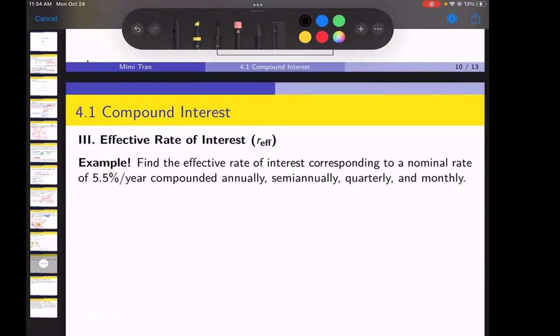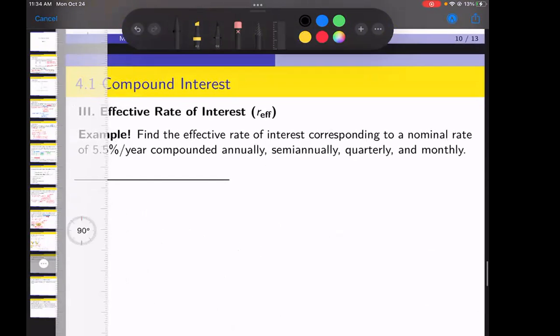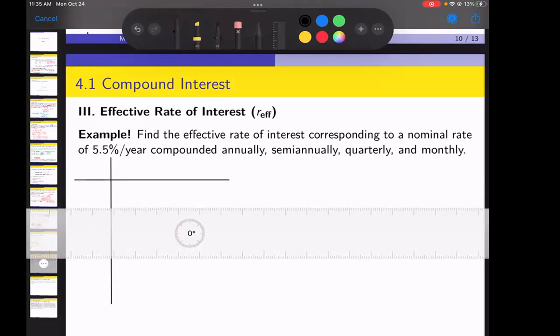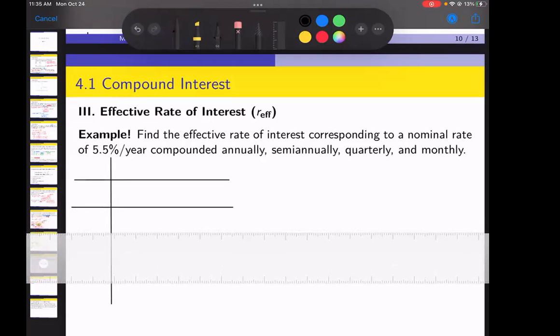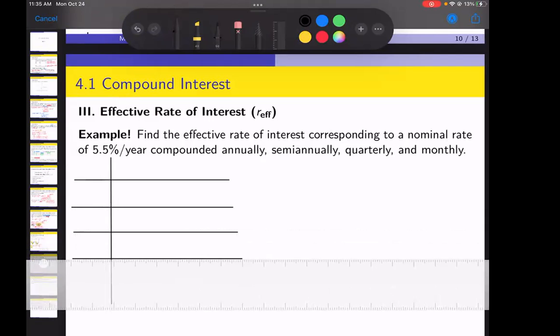We're gonna use the calculator, but before that, let me draw a little table so that we can fill it in. So I want what? I want annually. What else? Semi-annually, quarterly, and then last, monthly.